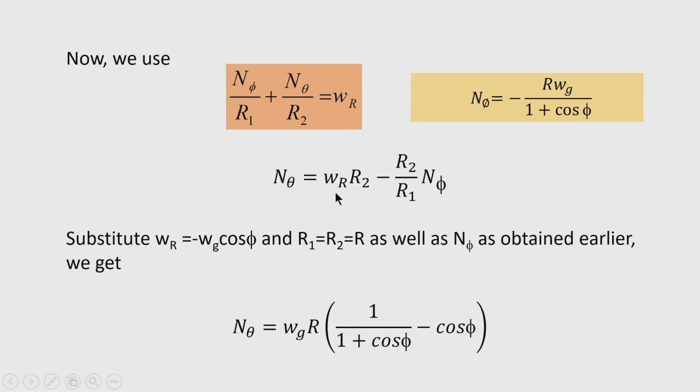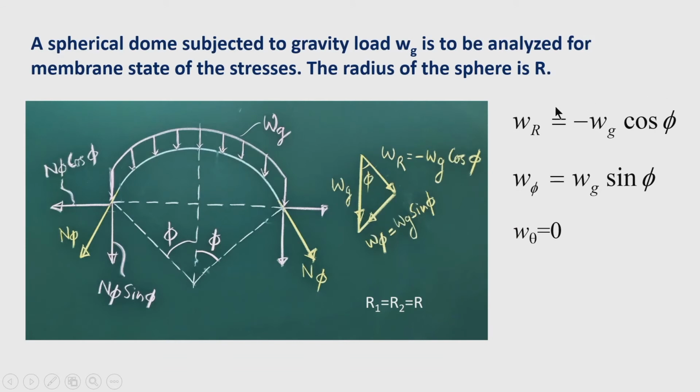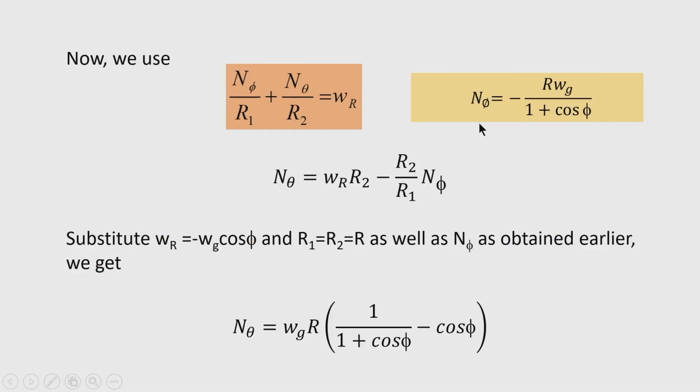Now, substitute w r. What is w r? w r is the component of the load in the radial direction. It is minus w g cos phi. So, this expression is needed there. Substituting w r here, and n phi equal to minus r w g divided by 1 plus cos phi into this expression, and r 1 equal to r 2, we get n theta as w g into r into 1 divided by 1 plus cos phi minus cos phi.